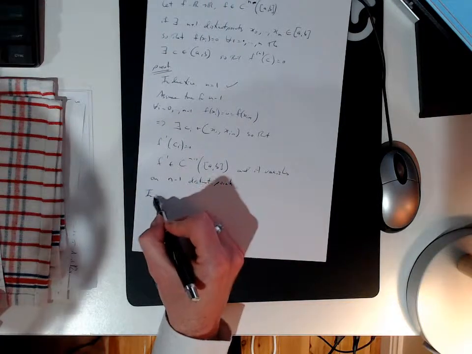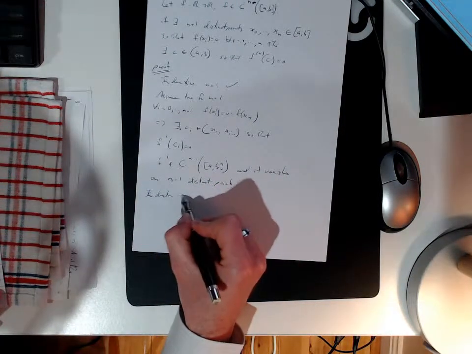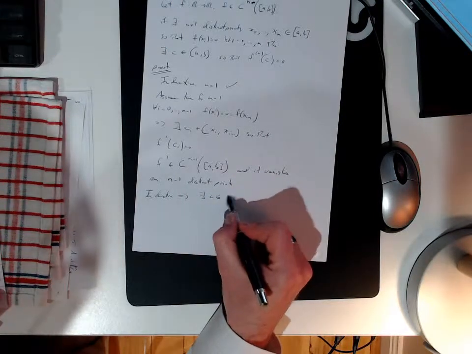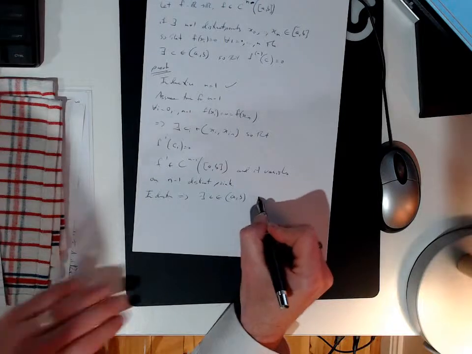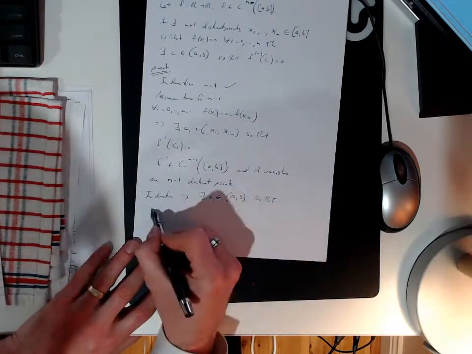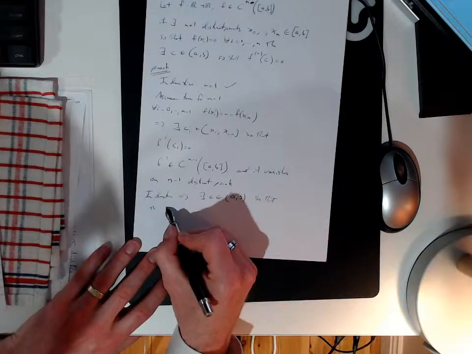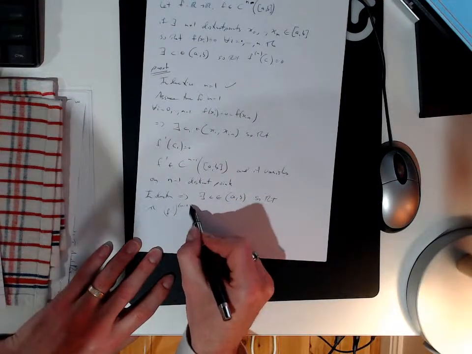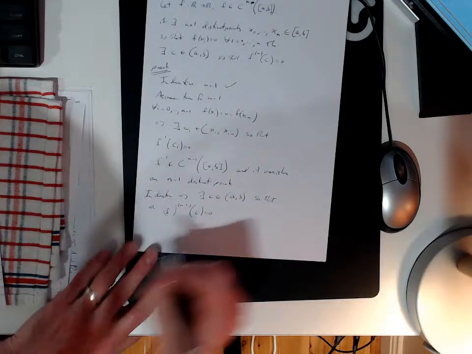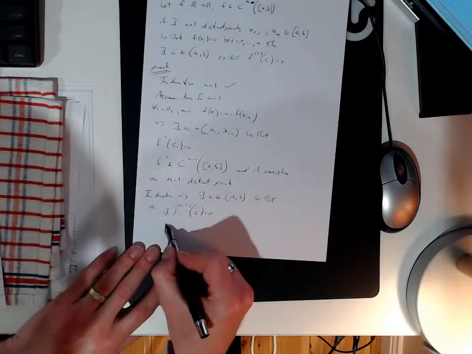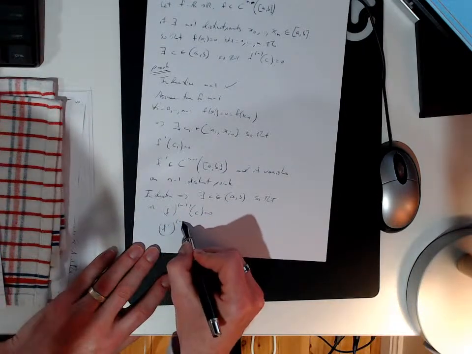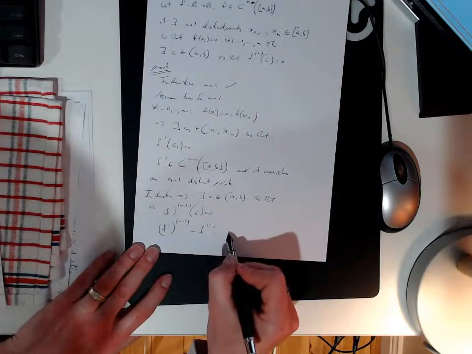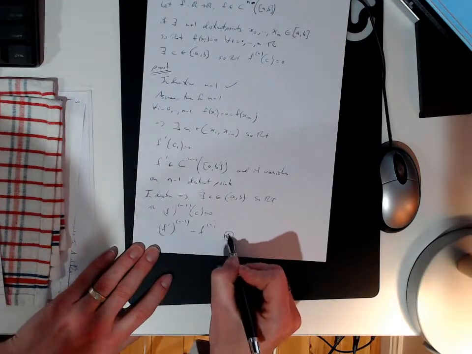So the inductive assumption implies that there exists some c inside the open interval so that the (n-1)th derivative of f' is equal to 0 at c. And of course the (n-1)th derivative of f' is itself equal to the nth derivative of f, and that gives us the result.